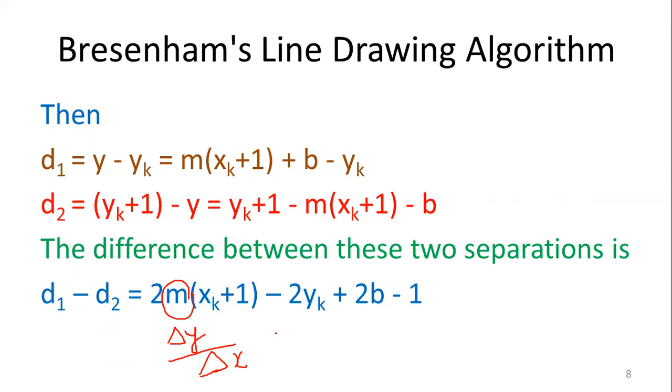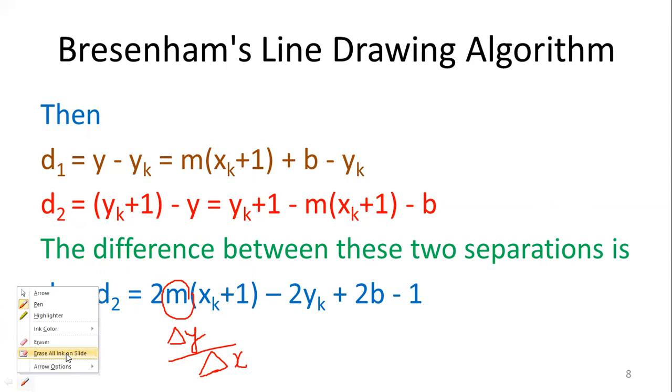So this calculation of d1 minus d2 will involve some floating point operations, and we know that floating point operations are expensive.